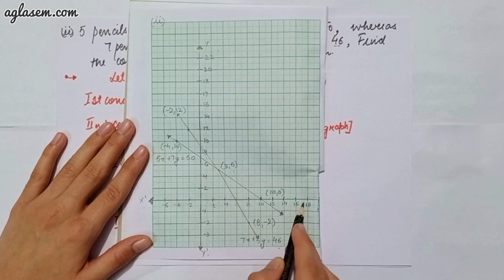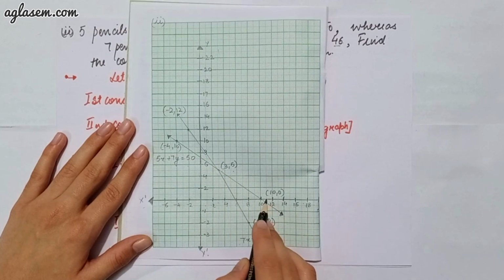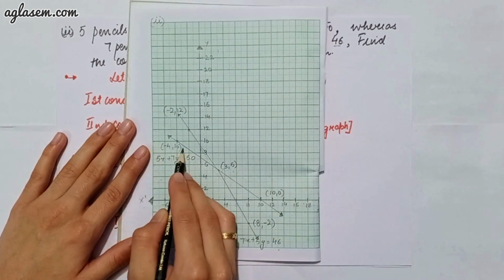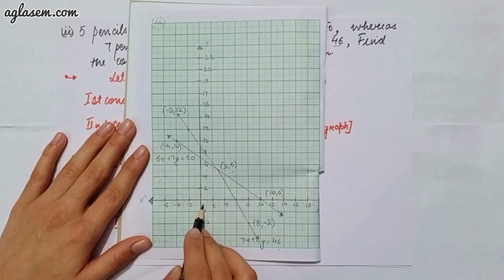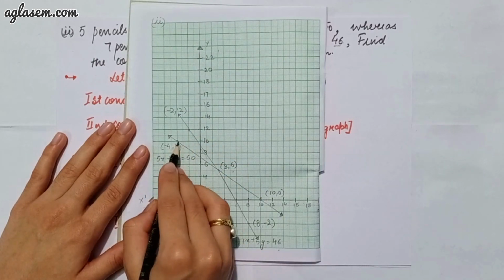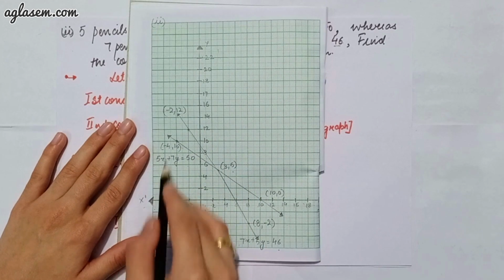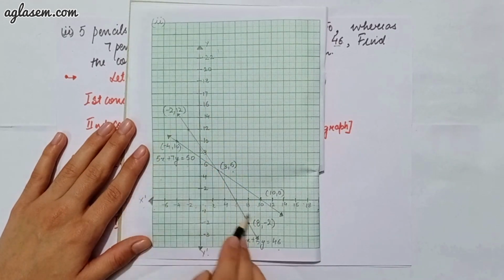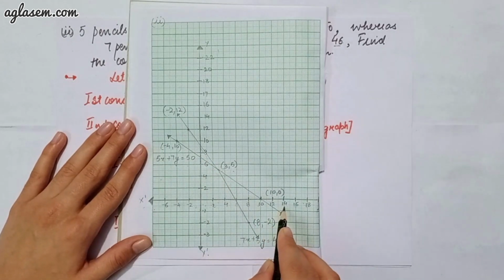Again on the x-axis we have taken 10 and on the y-axis we have taken 0. Here we have taken minus 4 and 10. On the x dash axis we have taken minus 4 and on the y-axis we have taken 10. Again on the x dash axis we have taken minus 2 and on the y-axis we have taken 12. By forming this we have made the graph.